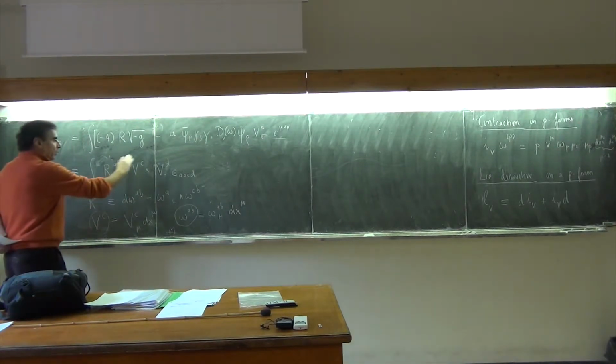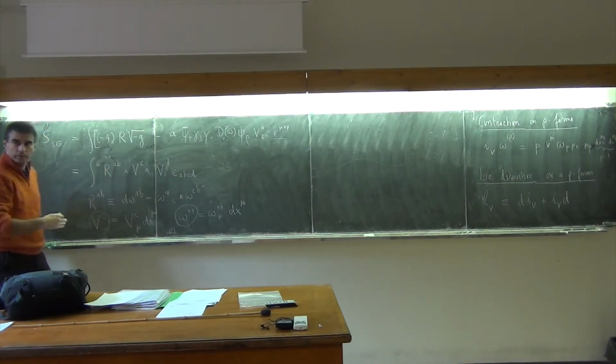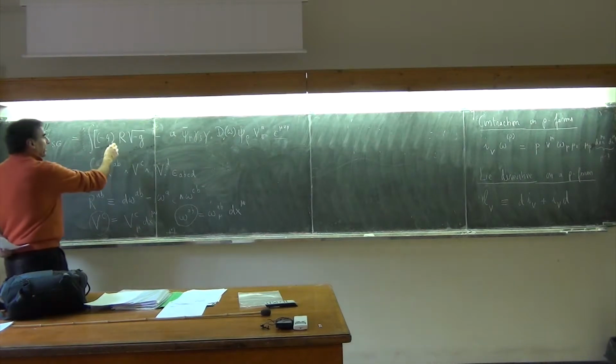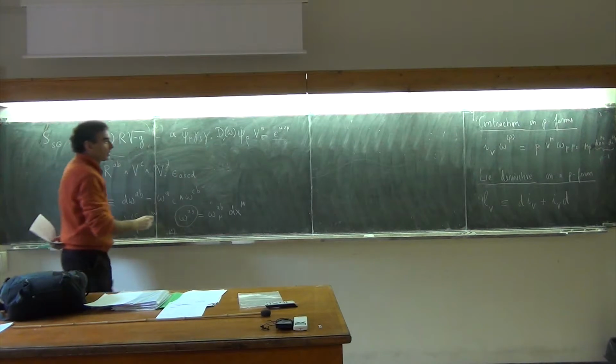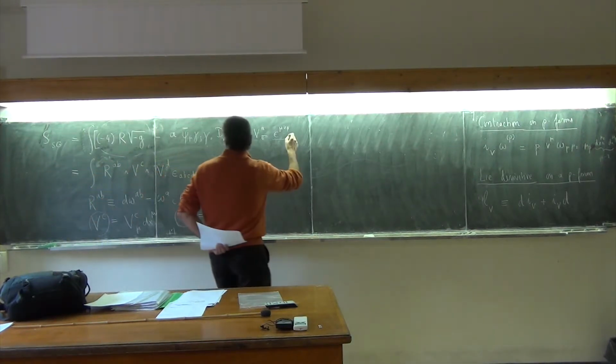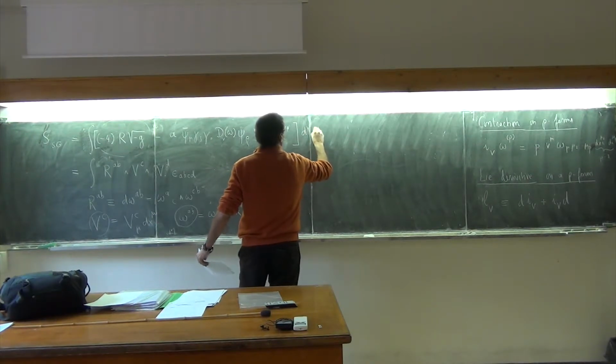So I have defined what this is, and we saw yesterday, just by expanding on a vielbein basis, that it reduces to this term here times the invariant volume element, which is square root of minus g times d4x.